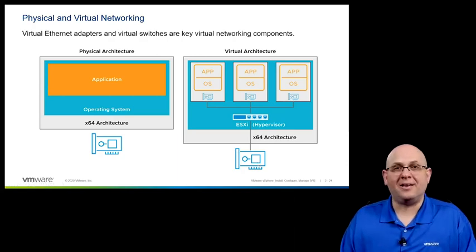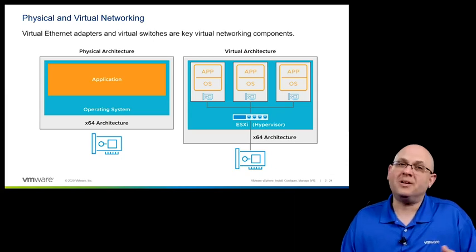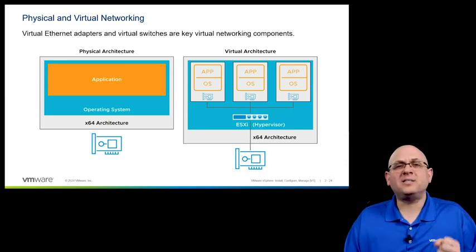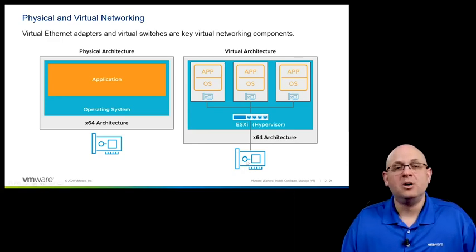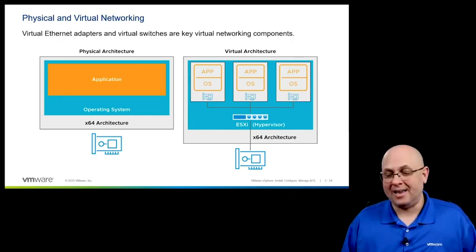Now, yes, I can create a virtual switch without a physical uplink, but that's hardly ever done. So when I build a virtual switch, it asks me, hey, what physical uplink port would you like to send traffic to, should that traffic be destined for some sort of resource outside of that ESXi host?